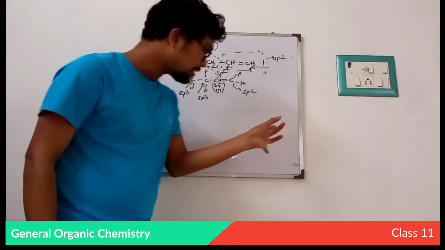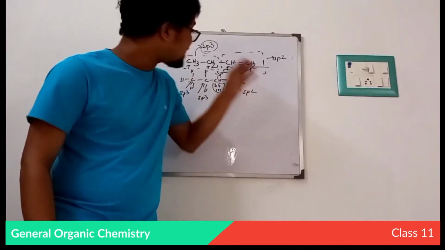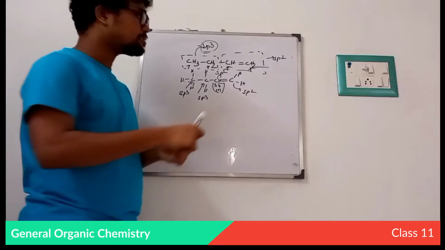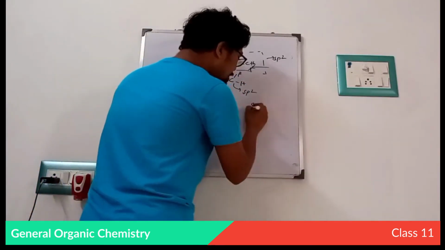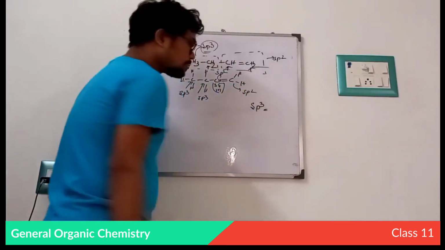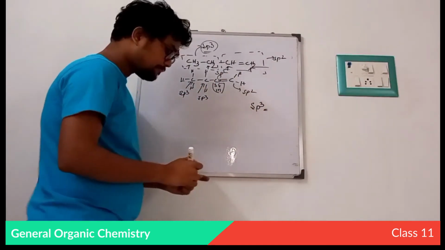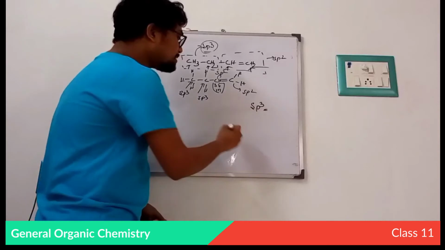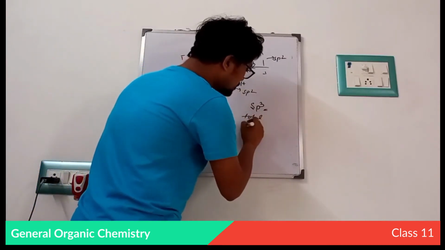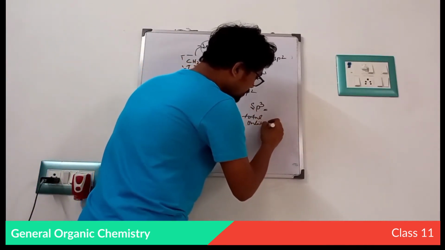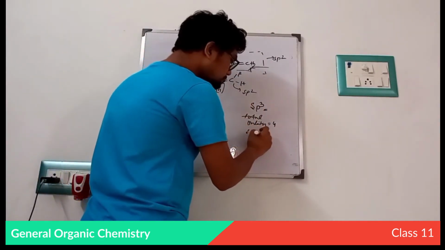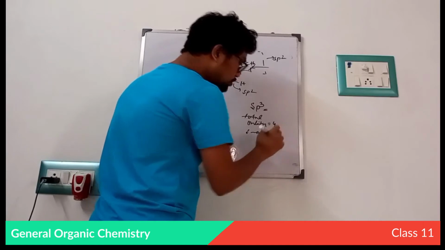Now how do you decide which part is electronegative and which is electropositive, and which has the minus I effect and which has the plus I effect? Now very carefully. In case of sp3, how many orbitals are present? 4 orbitals are present. So total orbitals equal 4 and s orbital is 1.